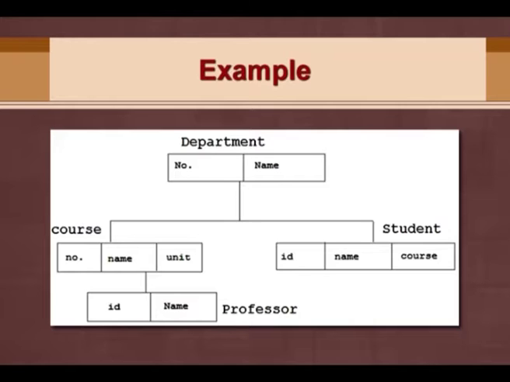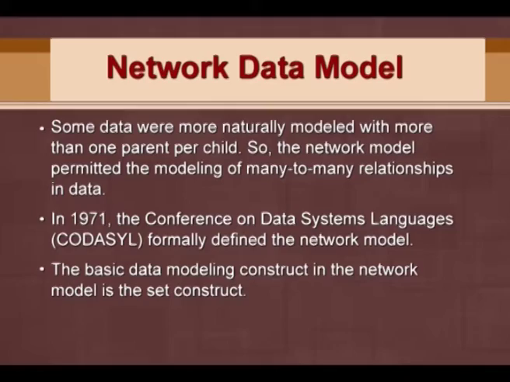So, this is a hierarchical model wherein, right from the root, things proceed to the next levels, children and then grandchildren, or else children at level 1 and children at level 2. This kind of representation of a data model is called the hierarchical data model. It is tree structured.